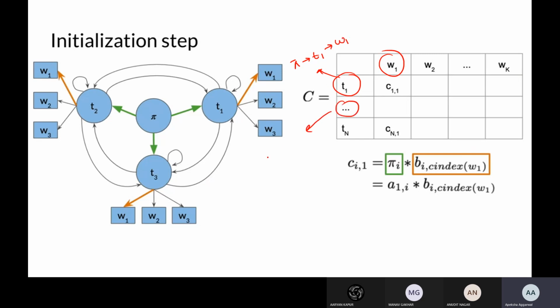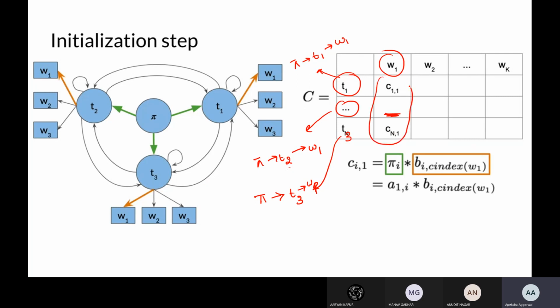This T2 will represent that I was at pi, and I'm moving to T2, and W1 was present. This value will give me the probability that W1 was present at T2. This Tn will represent that I was at pi and moved to T3, and word 1 was present over there. All the possible probabilities will be stored in this column.